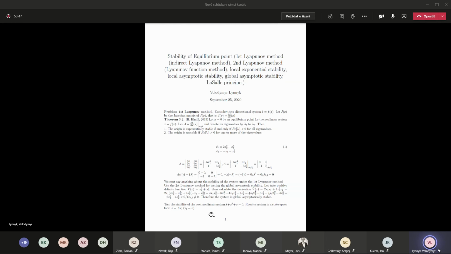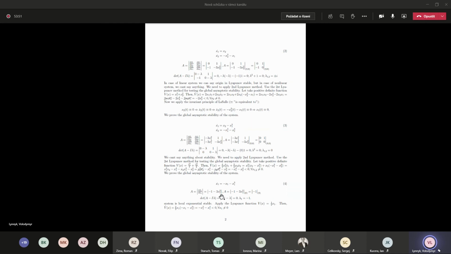Rewrite the system in state space form. x1 dot equals x2, x2 dot equals minus x2 cubed minus x1, and then we calculate the Jacobian: 0, 1, and here minus 1 and minus 3 x2 squared.